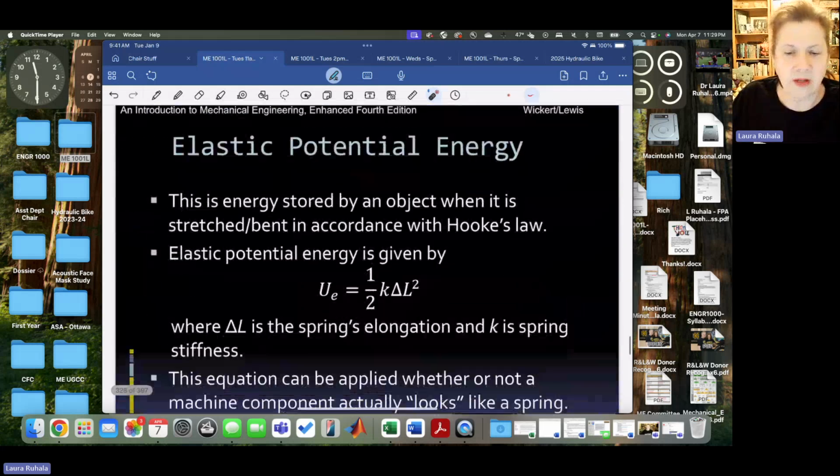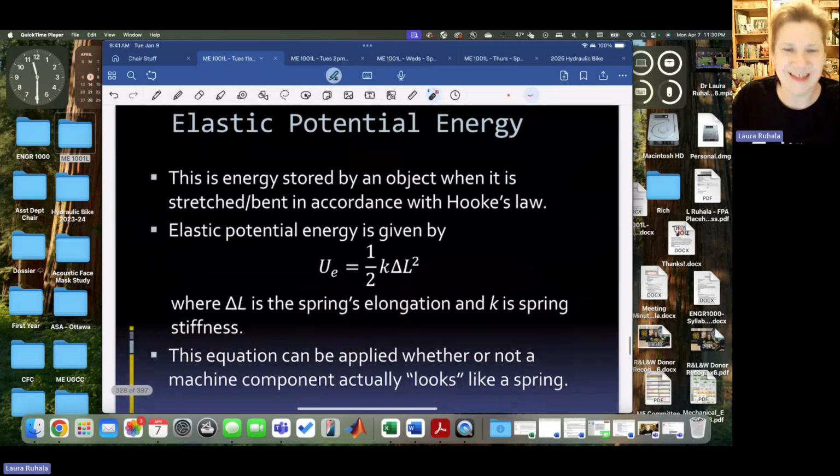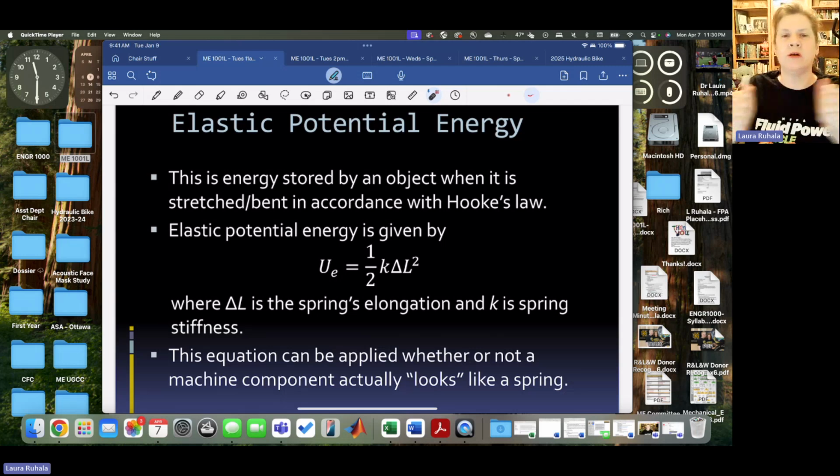Now we're going to talk about elastic potential energy. This is the energy stored by an object when it's stretched or bent in accordance with Hooke's law. It'd be like if you have a rubber band and you expand it, it's got some energy stored in it.